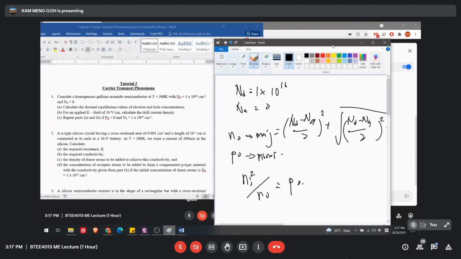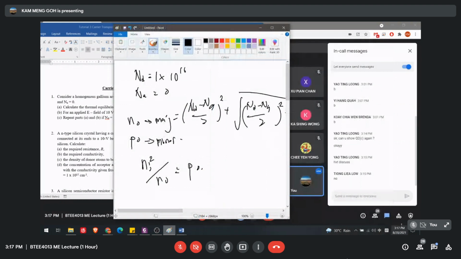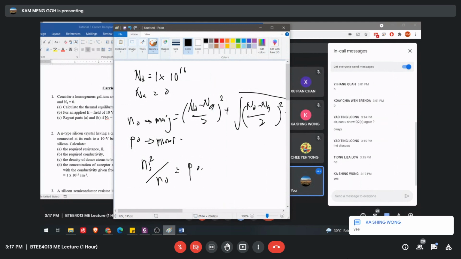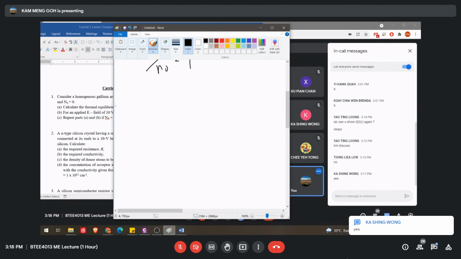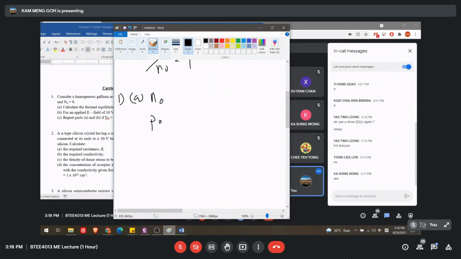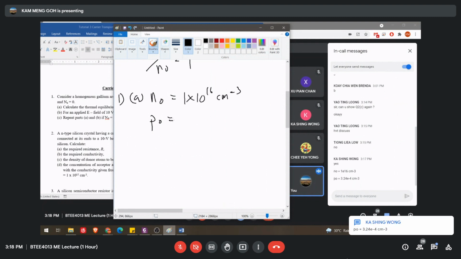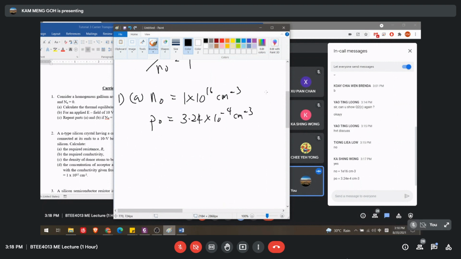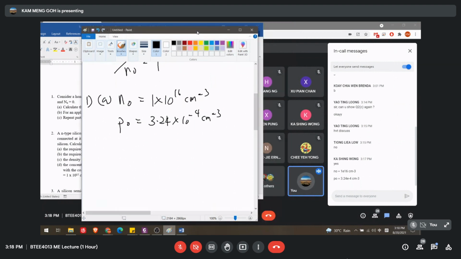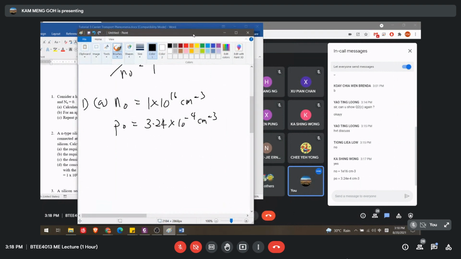So who can tell me the answer for the first question, 1A? Wong Gasing, are you here? What's the question for 1A? N0 and P0. N0 is 1 times 10 to the power 16 cm to the power minus 3. P0 is 3.24 times 10 to the power negative 4 cm to the power minus 3. Do you get the same answer as your friend Wong Gasing? Tan Xuping, what do you get?